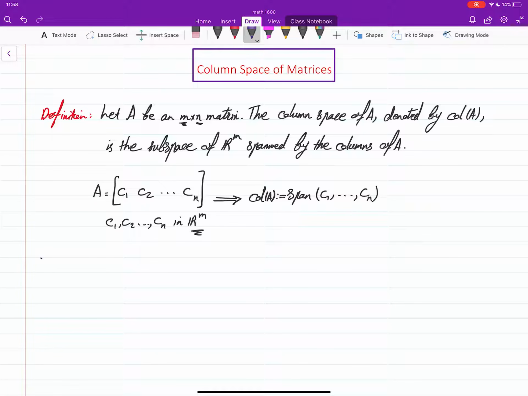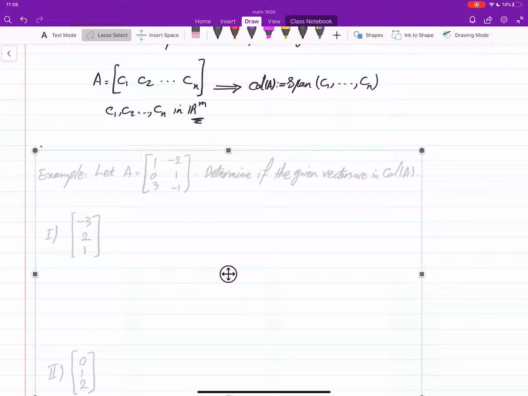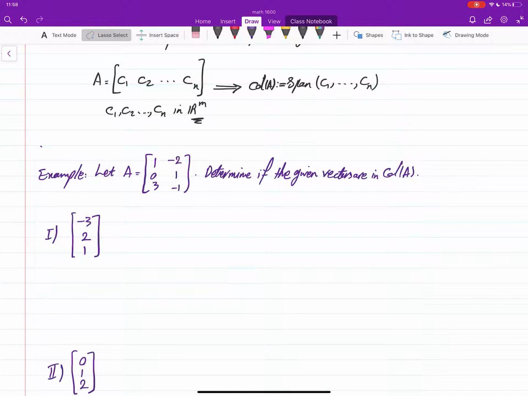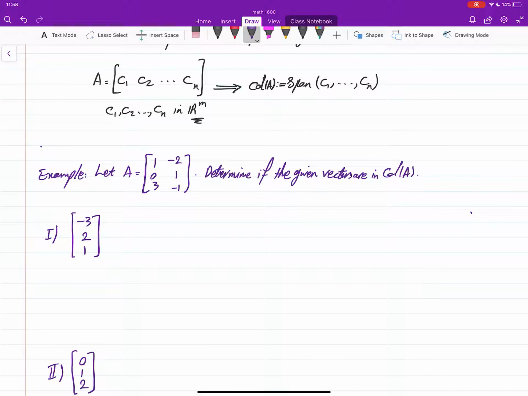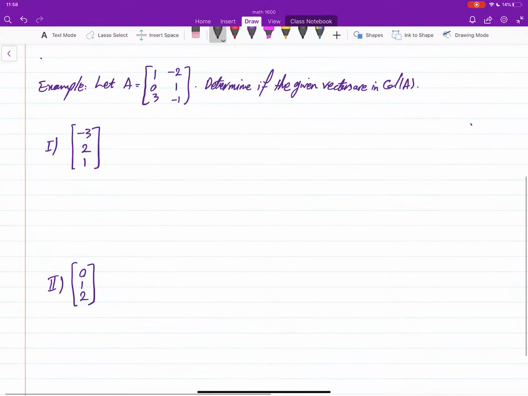Okay, so let's see at least in some examples what is going on here. We have a matrix A. We want to determine if the given vectors are in the column space of A or not.